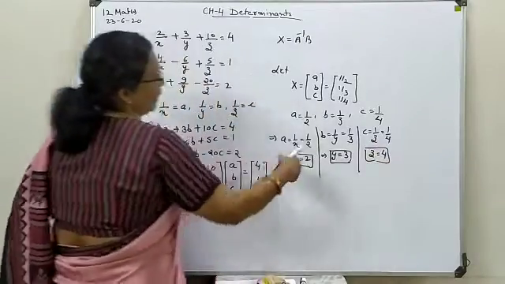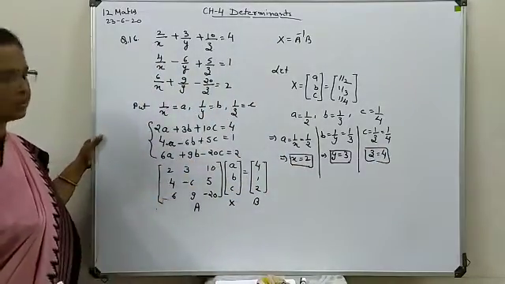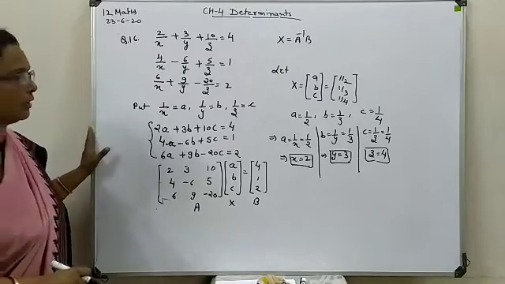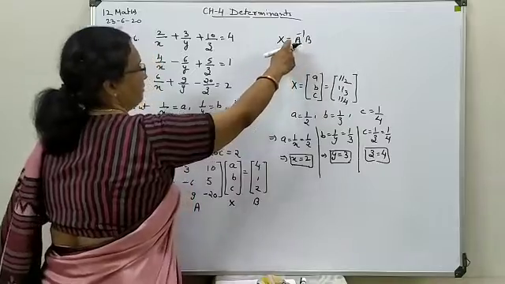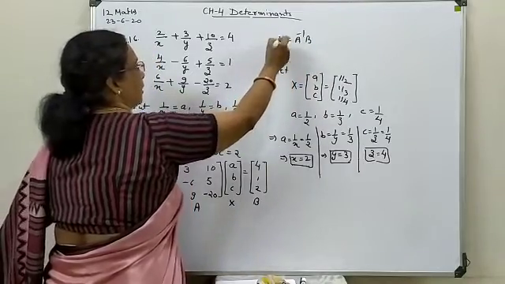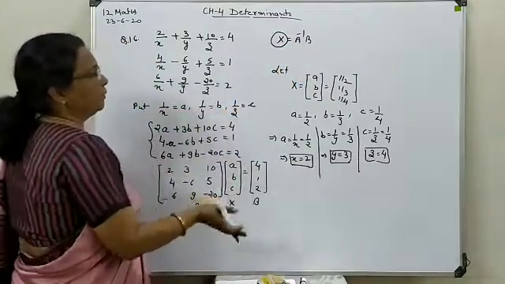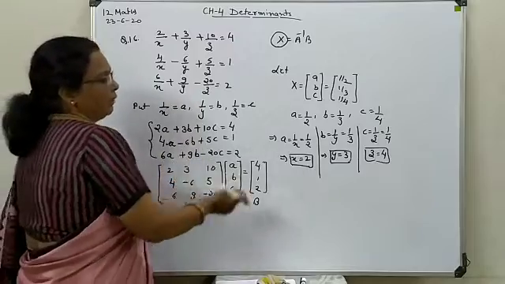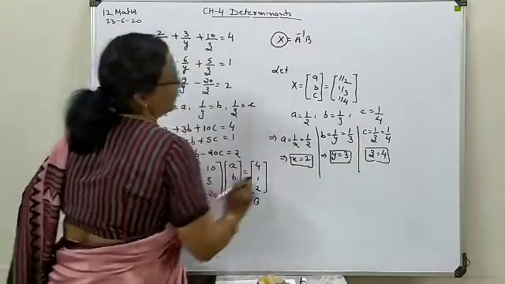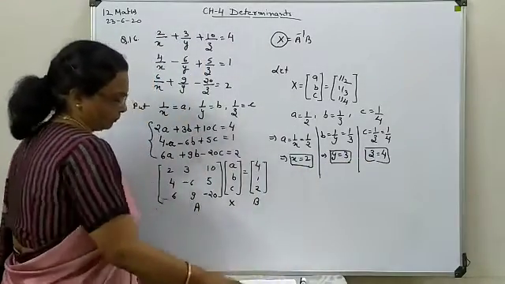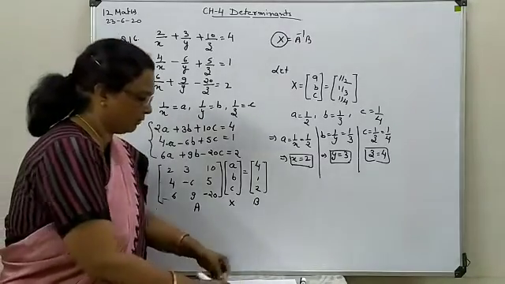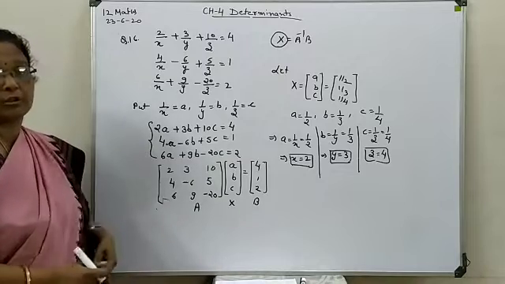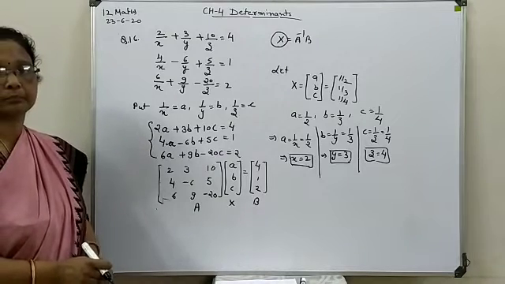This way you can separate out the three variables. So your work now is to find A inverse, multiply it with B and find the actual solution for this X, and then take the reciprocal form, then your x, y and z will come out.